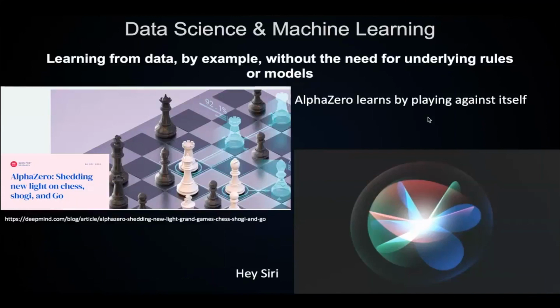So let me give you another example that I think is very exciting. There's a product from Google called AlphaZero that learned how to play chess and Go and shogi by playing with itself. So what you don't have to do is program the rules of chess or Go. The program plays and gets better and better with practice.